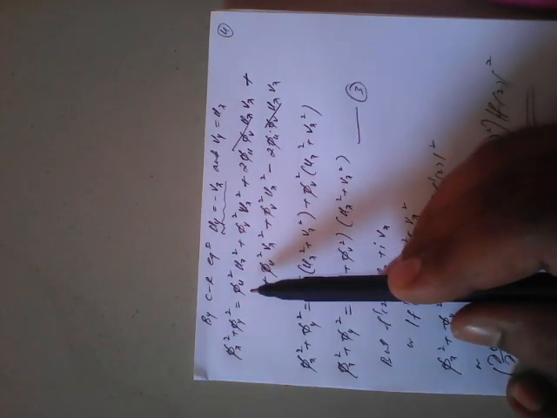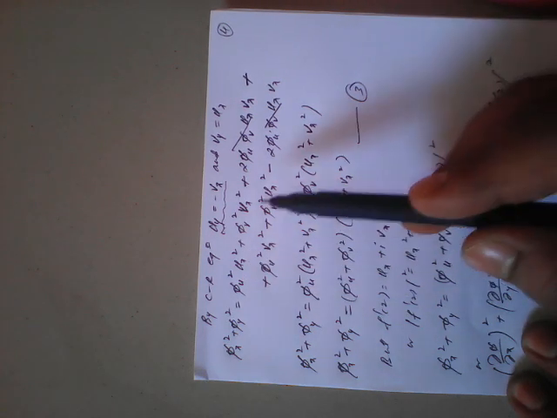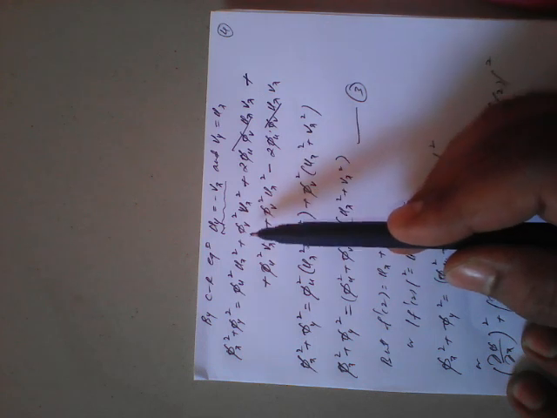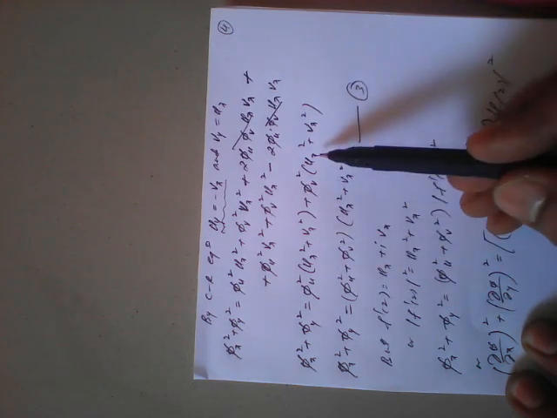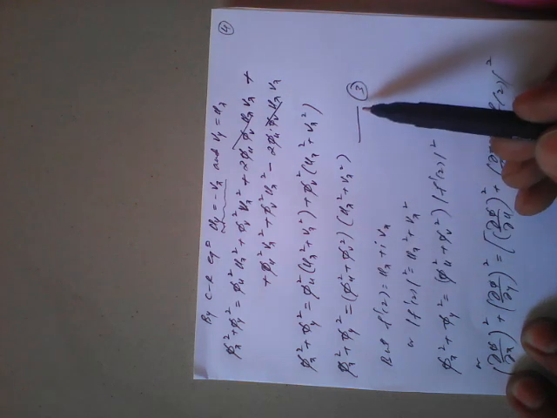Next, in the simplification, consider these two: phi u square you take common, giving u x square plus v x square. Similarly, among these two you take phi v square common, and you will get u x square plus v x square. Both brackets are the same, so you take it as a factorization, simplify, and call it equation number 3.